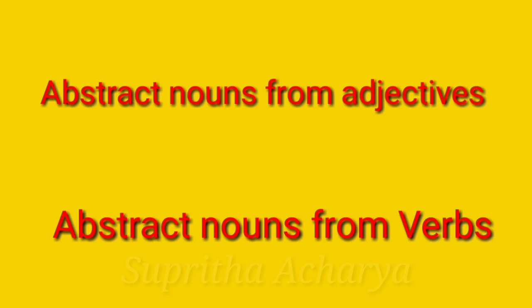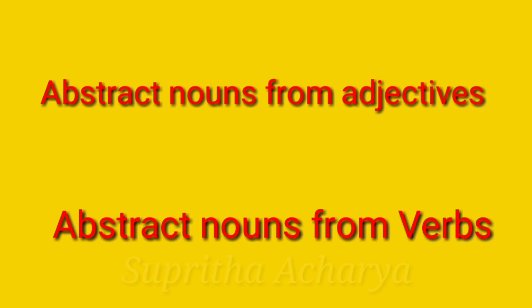Students, have you understood how to add the suffixes to adjectives to form abstract nouns? Okay. Let us learn about abstract nouns from verbs. We add the suffixes to verbs to form abstract nouns. For example, discourage. Discourage is a verb.